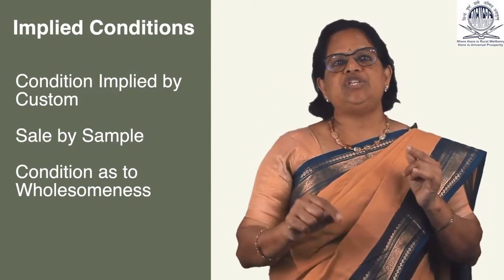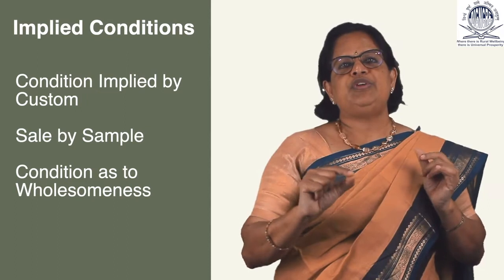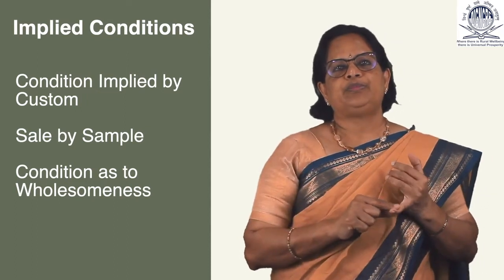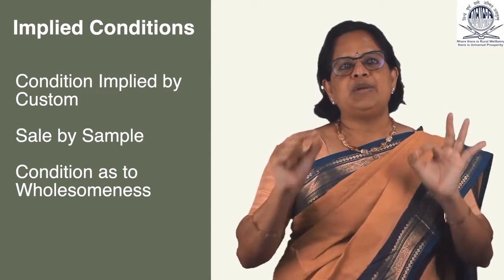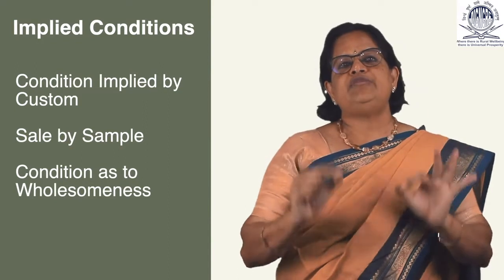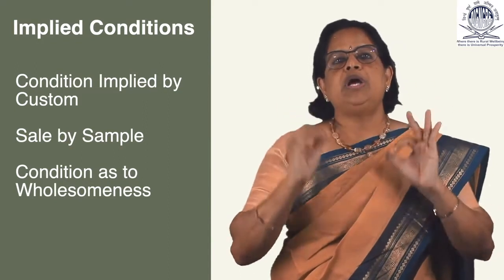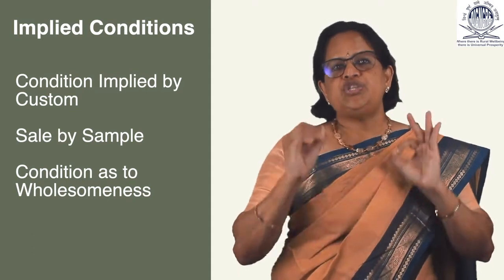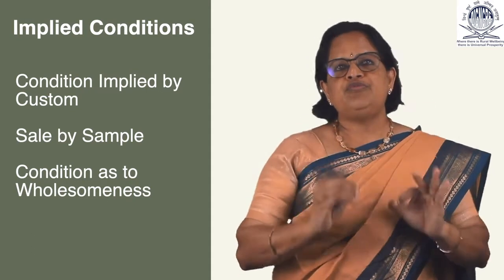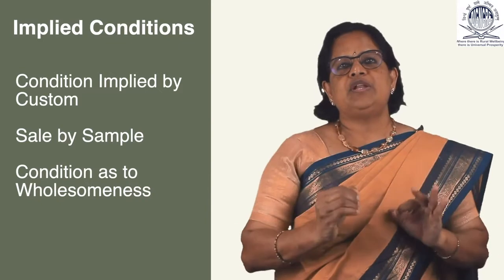As per this condition, goods sold must be fit for human consumption. We have learned in the earlier module about the Food Safety and Standards Authority of India and how government is ensuring good food fit for human consumption with the regulations from time to time.